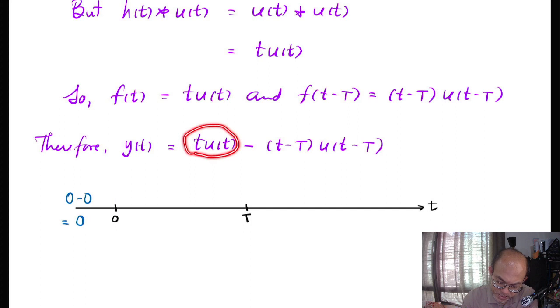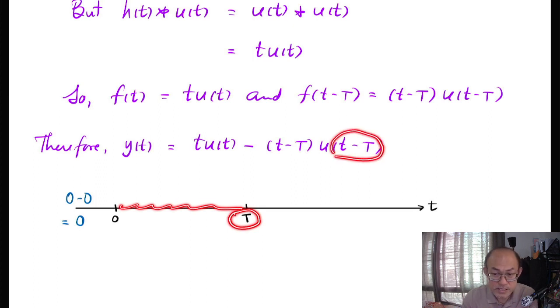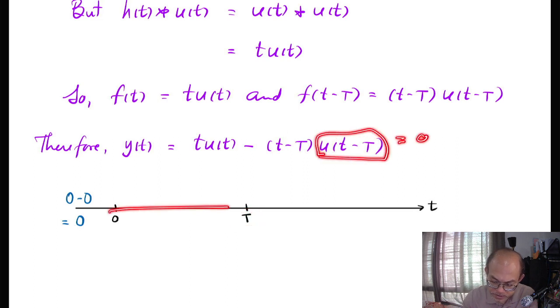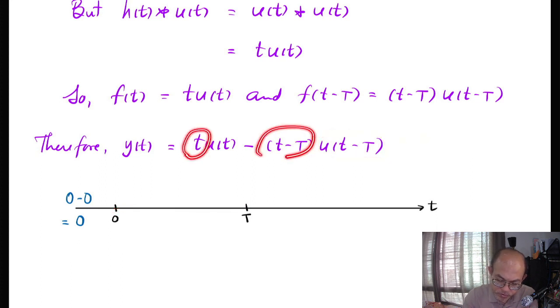But for this term, over this interval the variable little t is still less than the capital T, so this parenthesis is negative, and u as a result will become 0. So over this interval we have t minus 0, and the result is t.